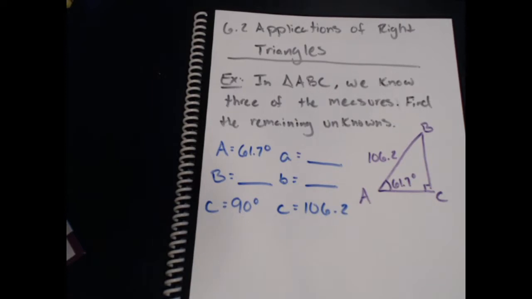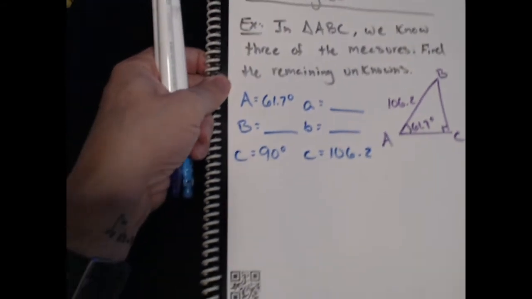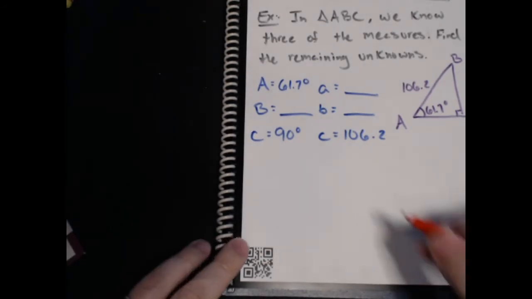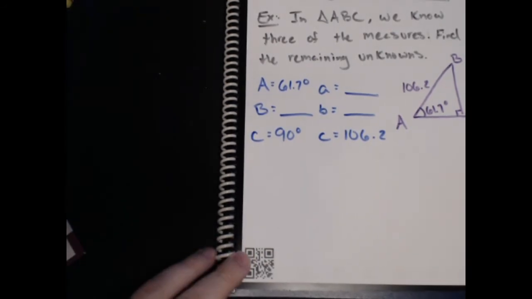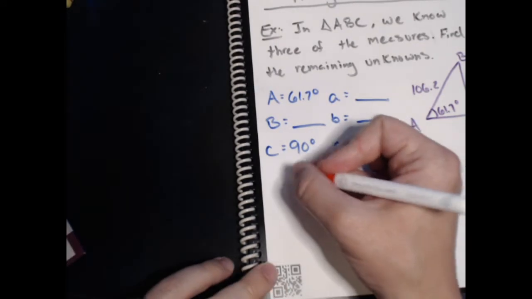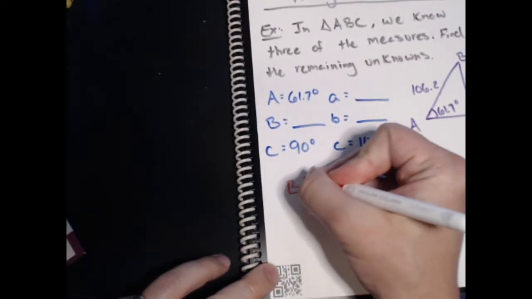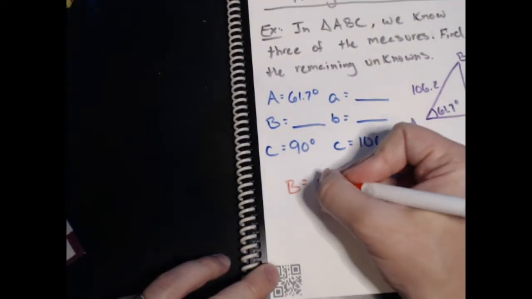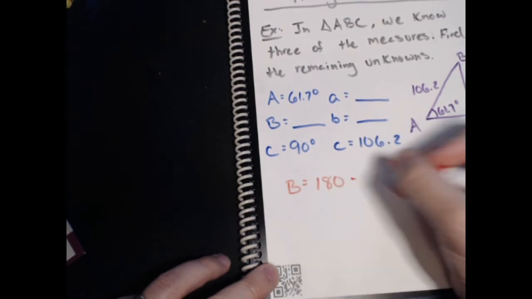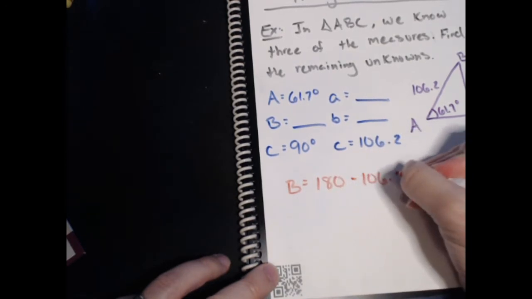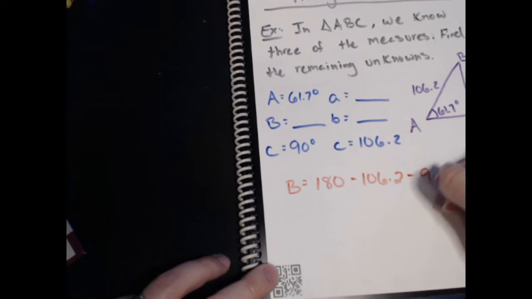Now, the easiest thing for us to find is angle B, because we just take our triangle and we say angle B. So we want to know B. B is equal to 180 minus 61.7 minus 90.